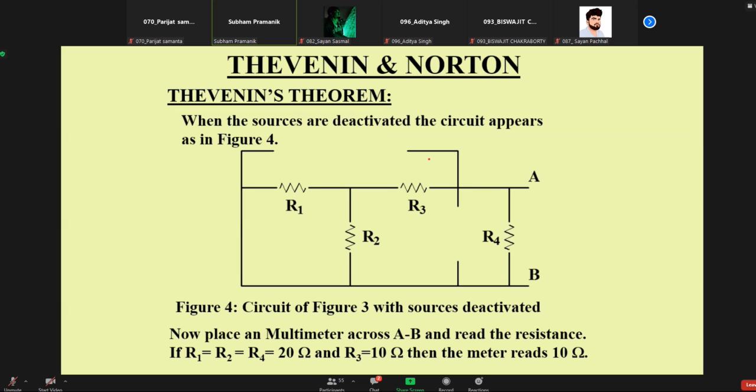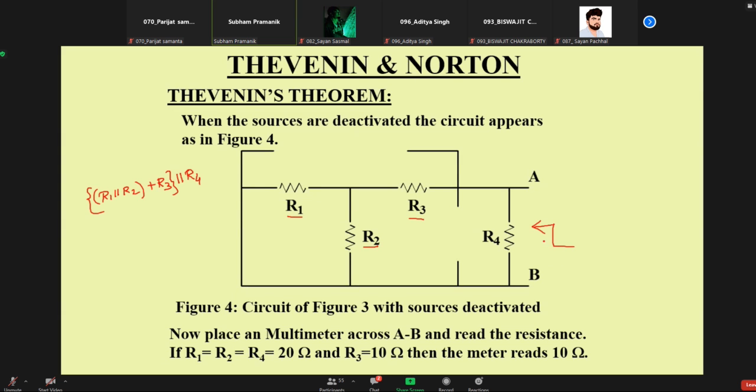So now what we have, you can see that R1 is in parallel with R2. That combination is in series with R3. If you view from these two terminals AB, one can say that R1 is in parallel with R2, that combination is in series with R3, and this combination is in parallel with R4, if you look from these two terminals AB.